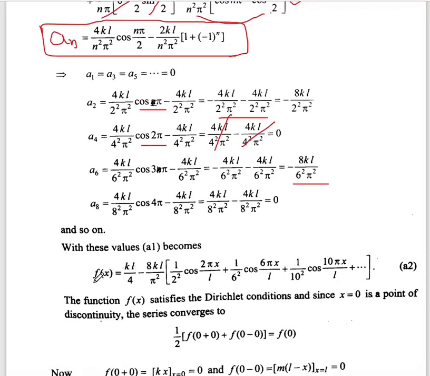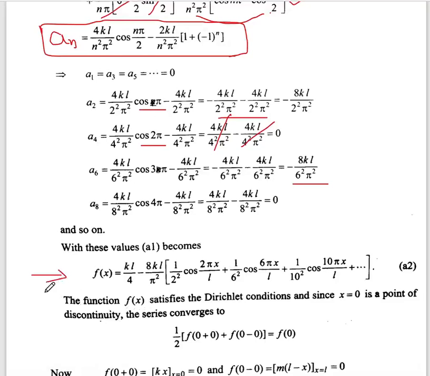So after putting and solving, we will get a0, that is kl upon 4, minus 8kl upon π² will be the common term. In the remaining bracket there will be 1 upon 2² cos 2πx upon L plus 1 upon 6² cos 6πx upon L plus 1 upon 10² cos 10πx upon L plus and so on. So this is the required Fourier series for the given function f of x.